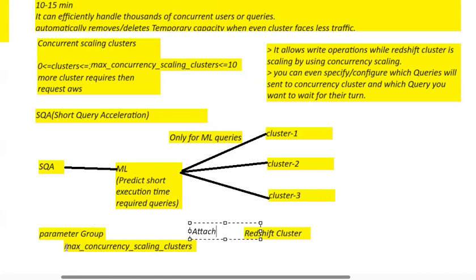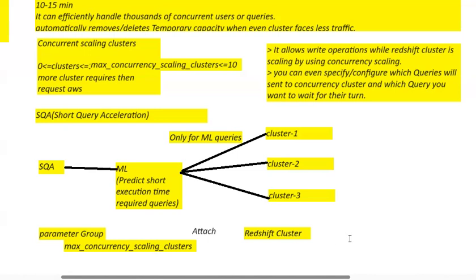Can I modify the max concurrency scaling clusters in the default parameter group? It is not possible. That's why you need to create another parameter group, provide the max concurrency scaling clusters, and then attach it to your Redshift cluster.